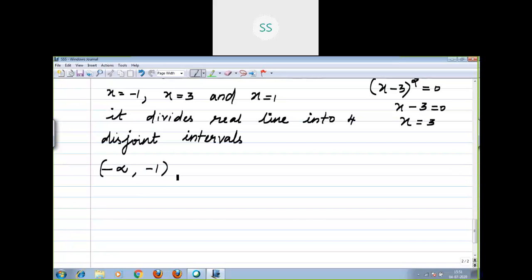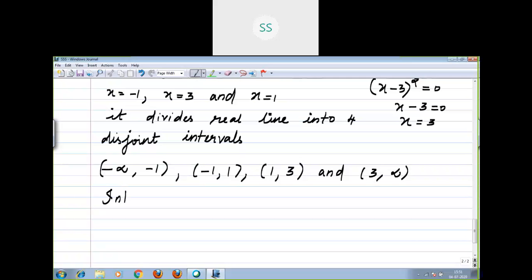Next, minus 1 to 1. Next, 1 to 3. Next, 3 to infinity, right? Using the x values, you are dividing the interval into 4. That is minus infinity to minus 1, minus 1 to 1, and 1 comma 3. After that, 3 to infinity.